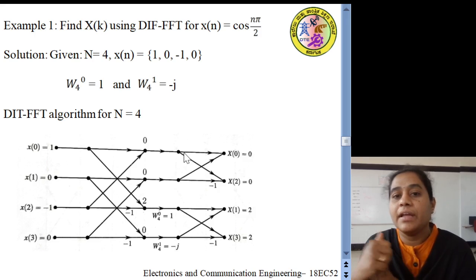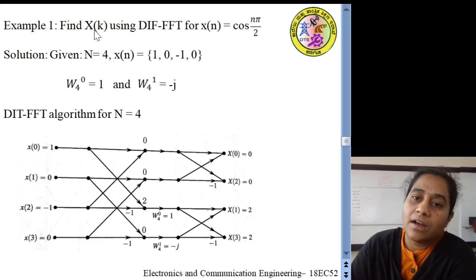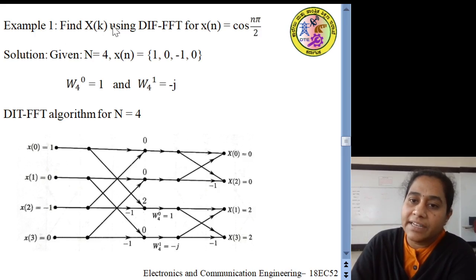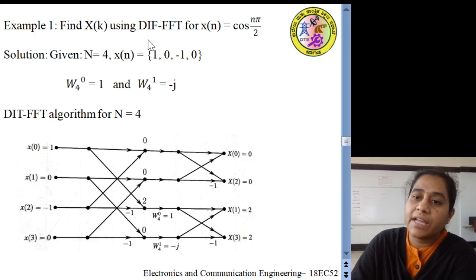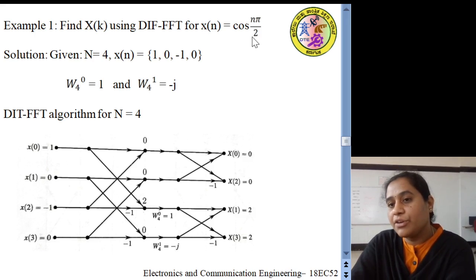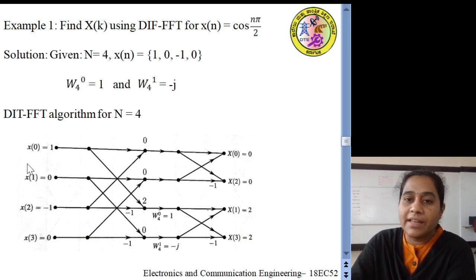The first one asks us to find the DFT x of k using the DIF FFT algorithm for the given sequence x of n equal to cos of n pi by 2. To solve this, first, the value of N given is 4 and we need to derive the values of x of n.